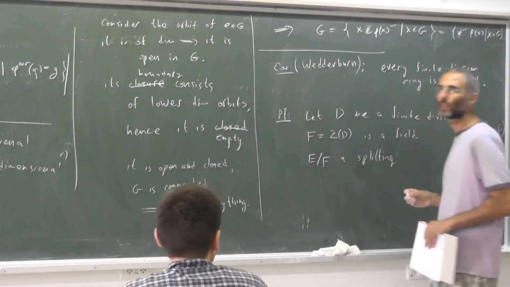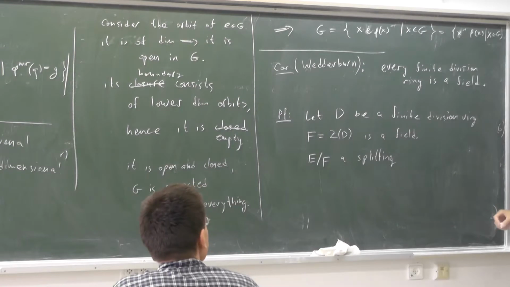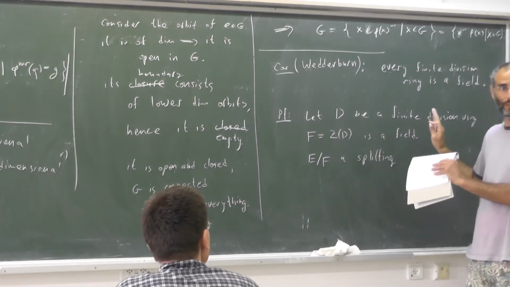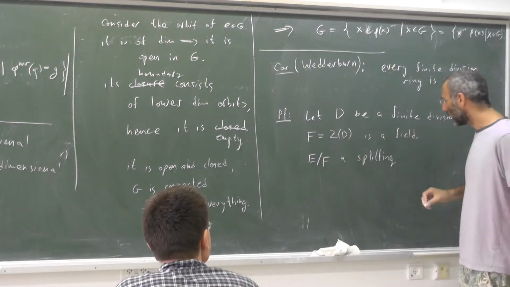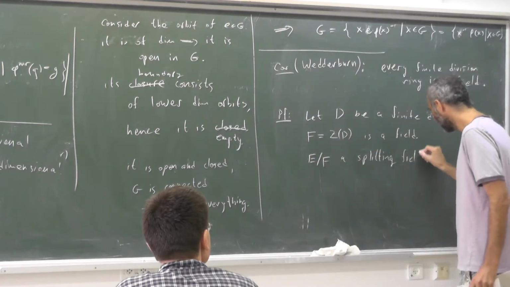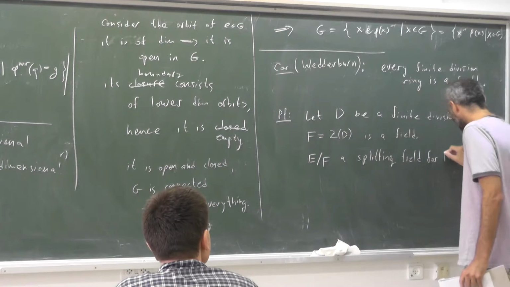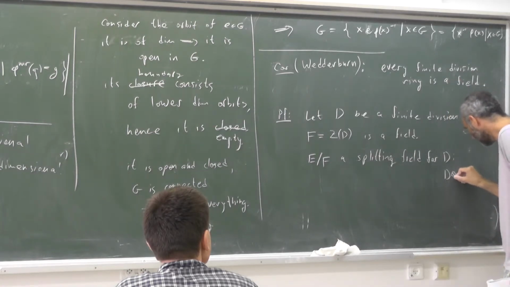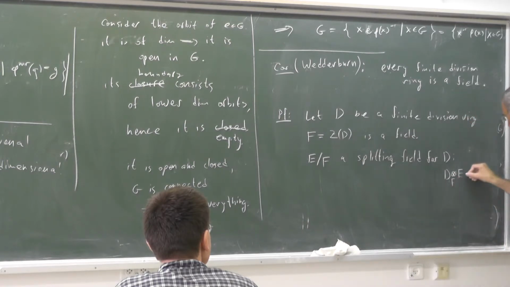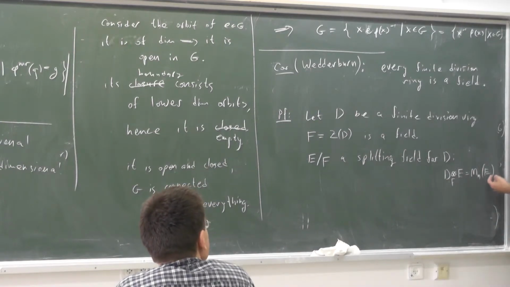So I need you to know something about the theory of division algebras, but this is not about finite division algebras. There always exists such a field E, such that over E it looks like a matrix algebra.